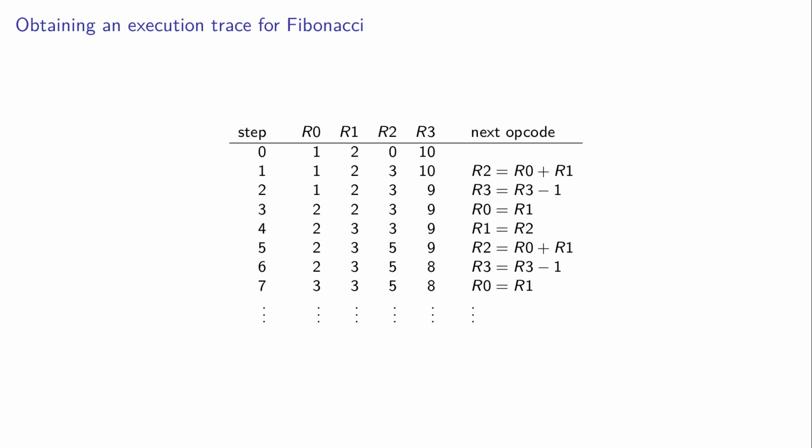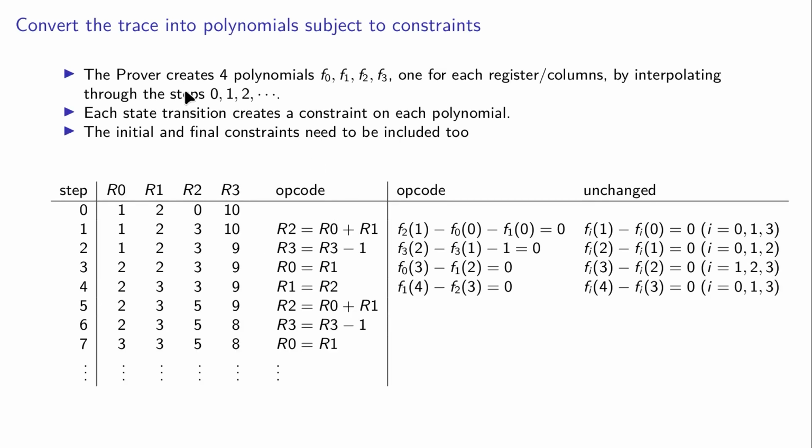So what we are going to do now is take this table and create a polynomial for it. How would we do this? Well, we are going to create a polynomial for each of the registers. So f0 is a polynomial corresponding to r0, f1 corresponding to r1, and so on. And we have listed the opcodes.